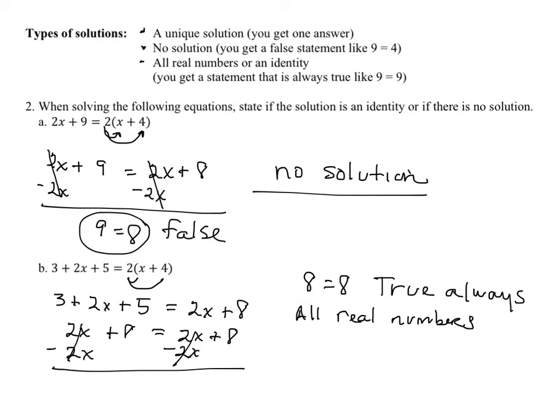Okay? So in part B, you guys, we can say the solution is all real numbers. Or we could call the equation an identity. Okie dokie. Now in part A, there's no solution.